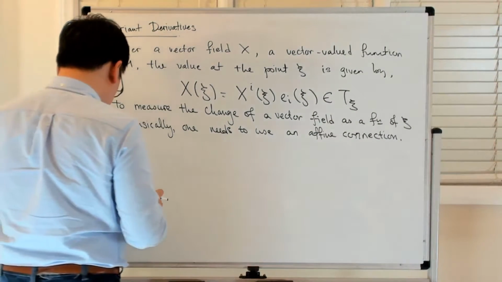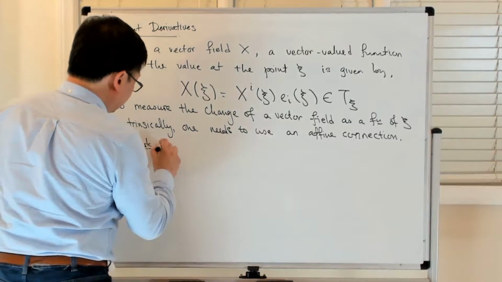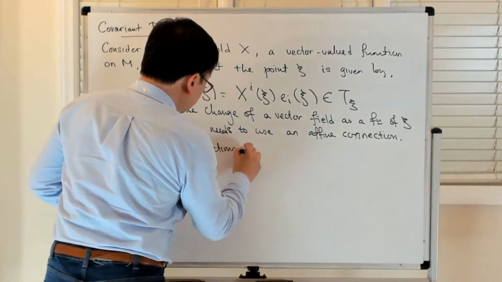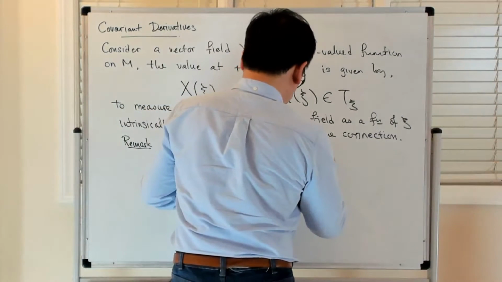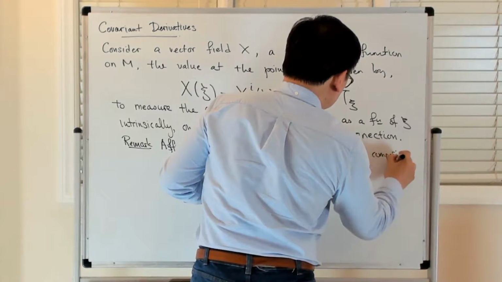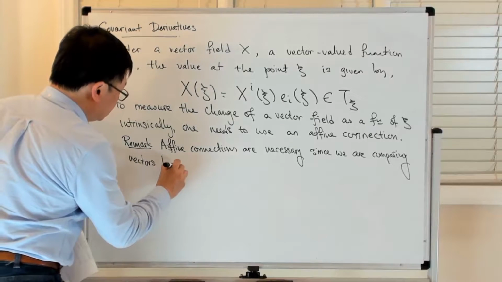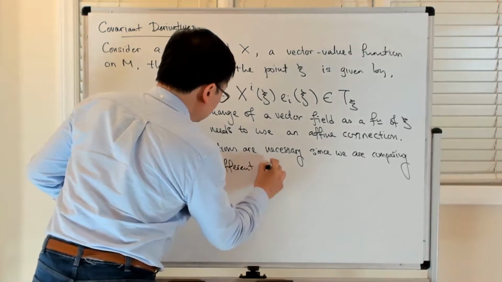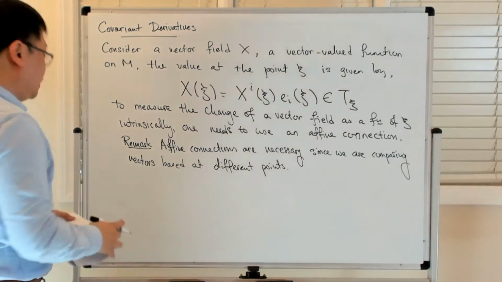As a remark, affine connections are necessary since we are comparing vectors based at different points, in order to construct this notion of the change in the vector field.